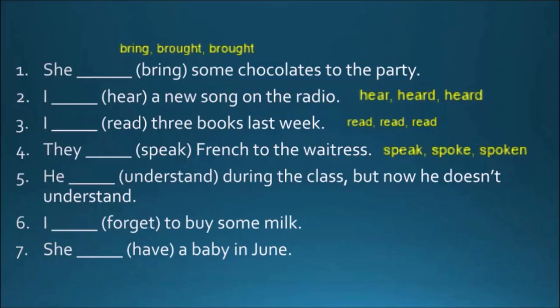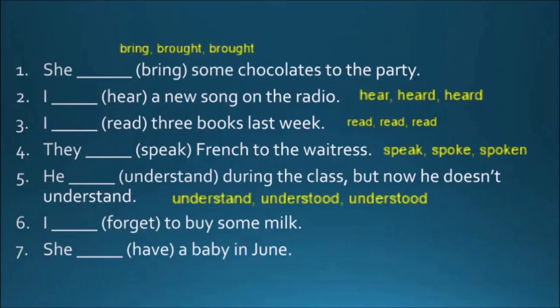He understand during the class, but now he doesn't understand. So let's look at our 3 forms again. What are the 3 forms of understand? As you can see, our 3 forms there are understand, the infinitive, understood, past, and understood, again, for past participle.